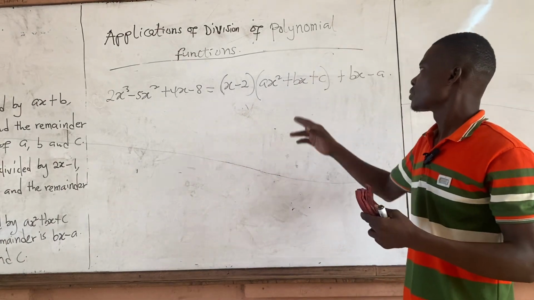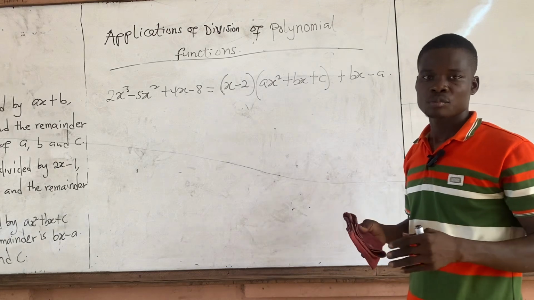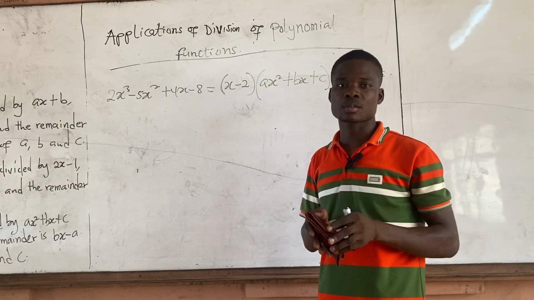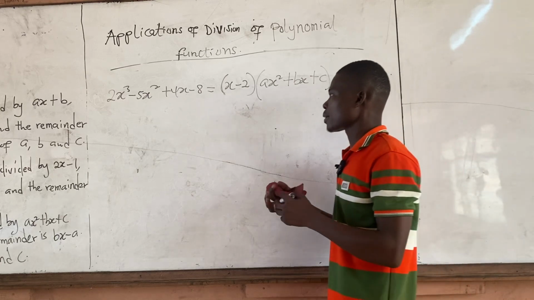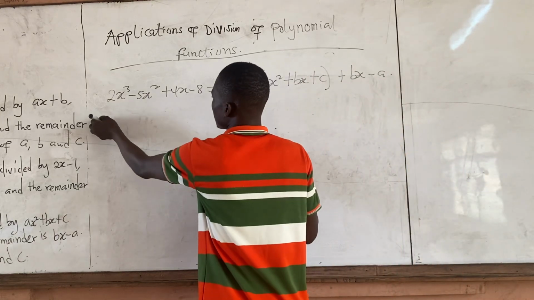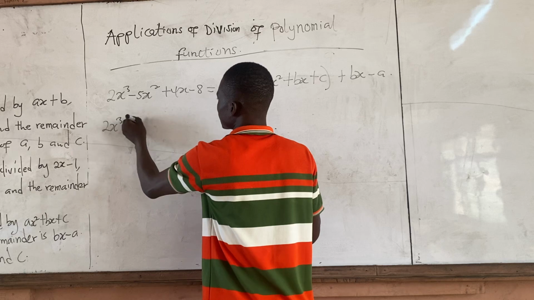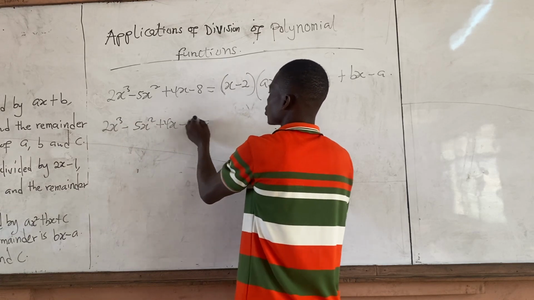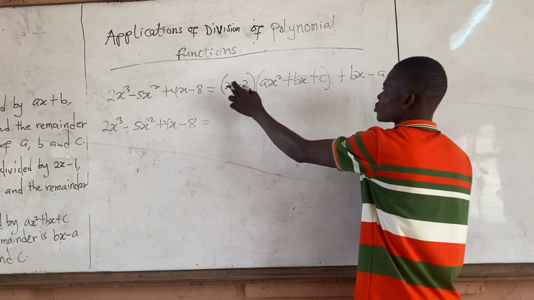So now, let's take our time. Take your time and expand these two brackets. Don't be in a rush. So when you expand these two brackets, we have 2x cubed minus 5x squared plus 4x minus 8 is equal to. So use x to expand.